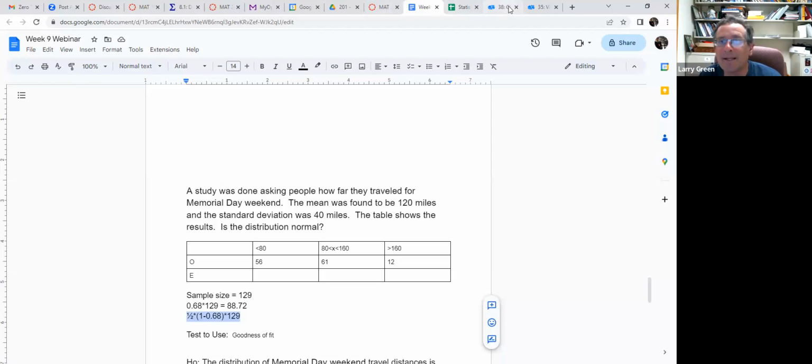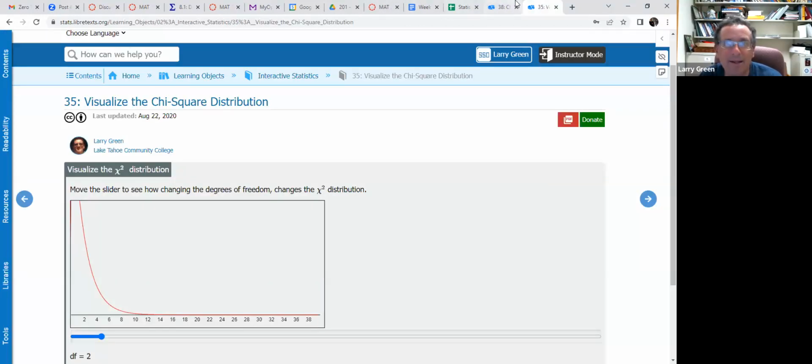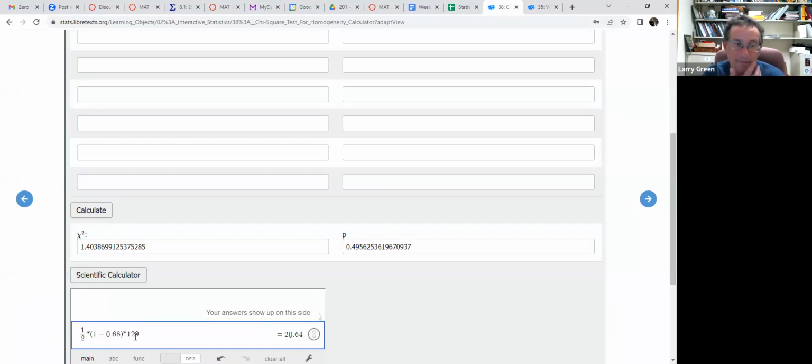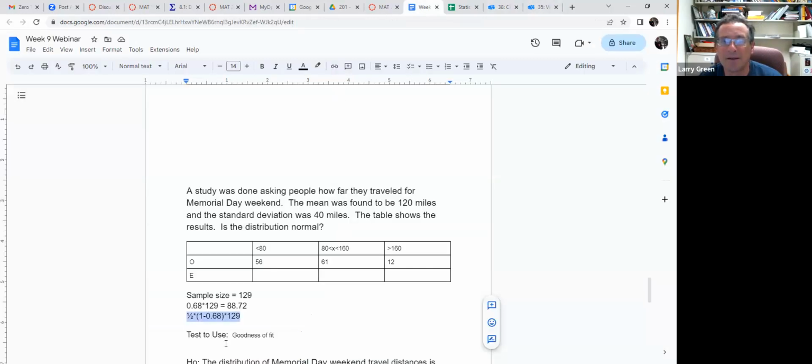We can pop that in, see if it'll allow it. Yep, that's 20.64. So the left will be 20.64.